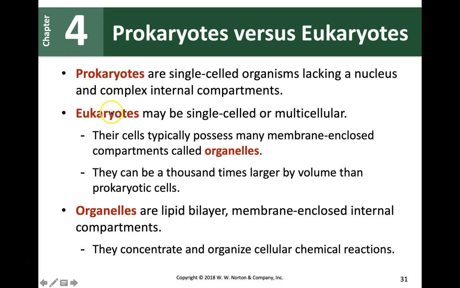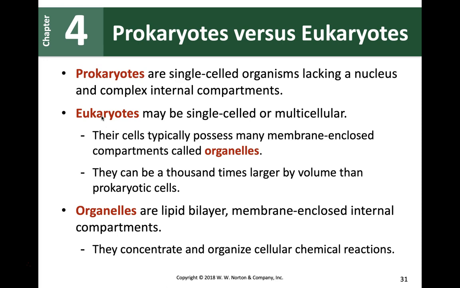Karyo means nucleus, or it means a central structure, which we ourselves have, what we call the nucleus in the middle of a cell, and that's why our cells are eukaryotes. So prokaryotes, as the name suggests, pro means before, so they are before the cells started having nuclei. That means prokaryotes do not have a nucleus. That means bacteria do not have a nucleus.